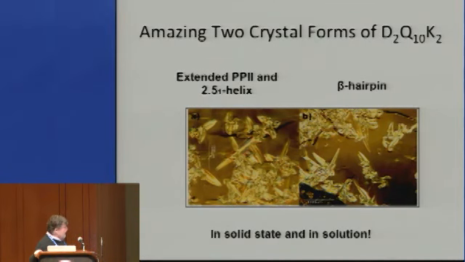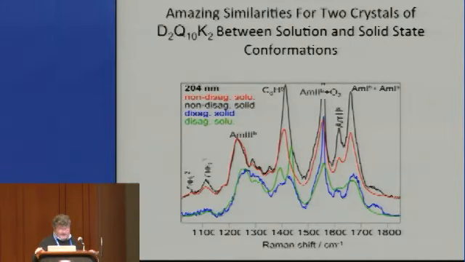It turns out that we can make 2 different solutions of this peptide which don't look so different in polarized microscopy, but whose X-ray diffraction is completely different and whose Raman spectra are completely different in both solution and in the solid. Here's a remarkable set of spectra.